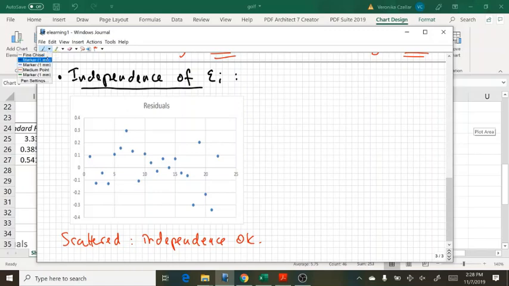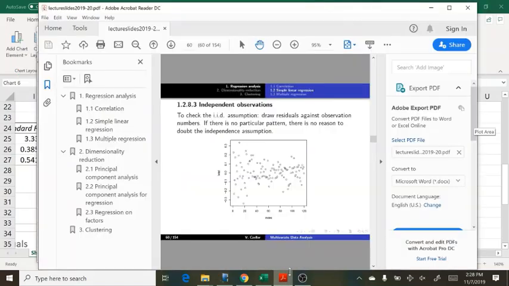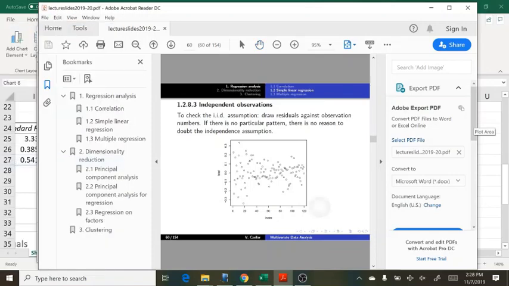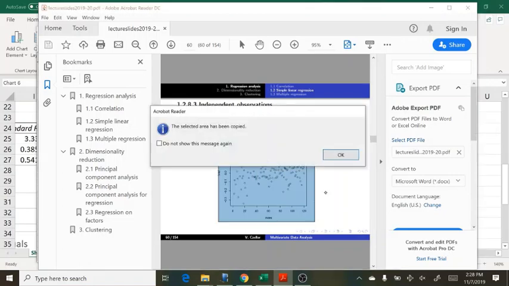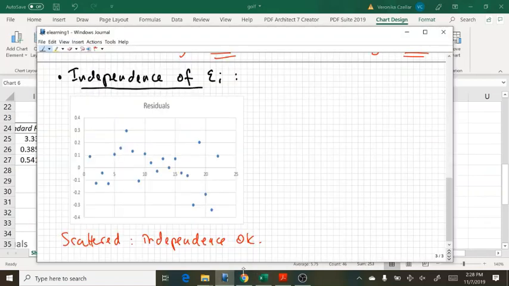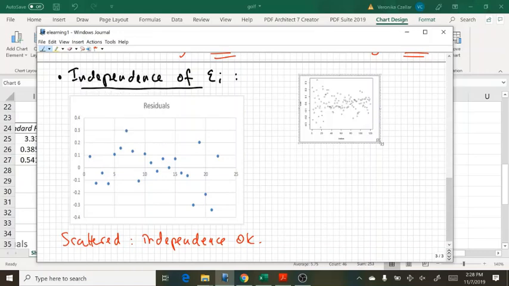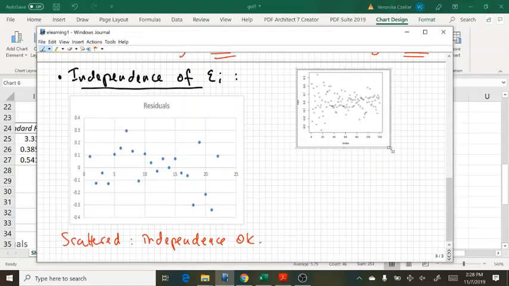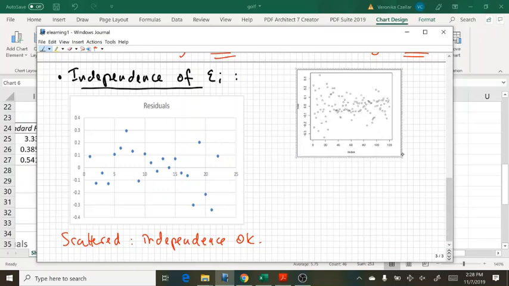Now imagine that we have something like here. It's not entirely scattered. We see a decreasing pattern, a little bit like the variance.